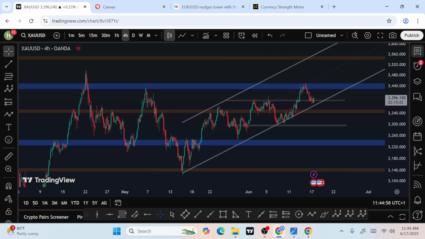Technical analysis is basically the chart you get. Technical analysis shows you how price moves, while fundamental explains why price moves the way it moves.